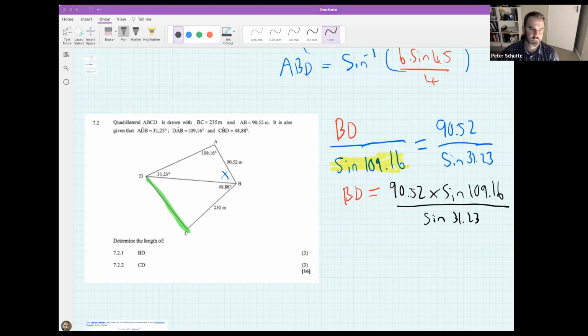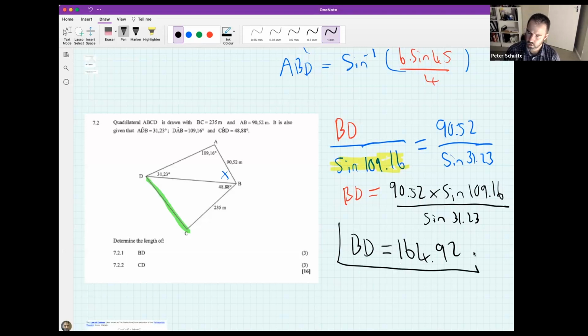I can go fraction 90.52 times sine 109.16 over sine 31.23. And then I'm going to go equals. And it looks to me like BD should be 164.92. So I'm going to say that this side over here is 164.92. So that is what BD is.